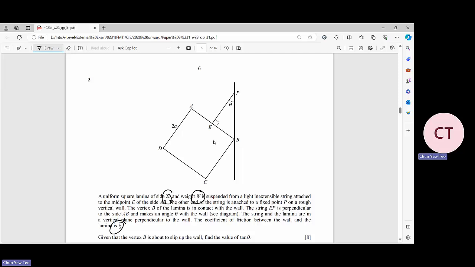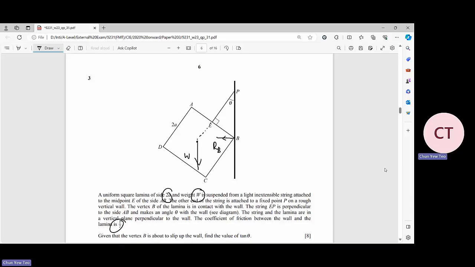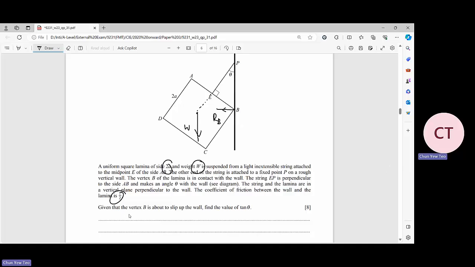Okay, so over here, let's just put the center of mass over here. Then this is the weight W. Then this is the contact point, so you will have a normal reaction at B. And your frictional force, given that the vertex B is about to slip up the wall, so it's about to go up.